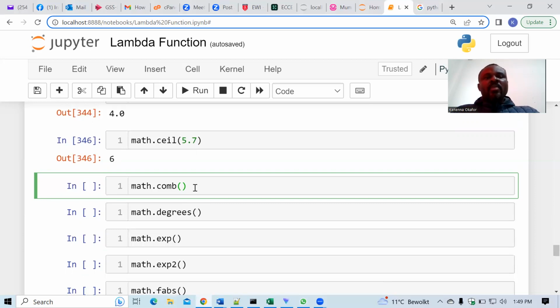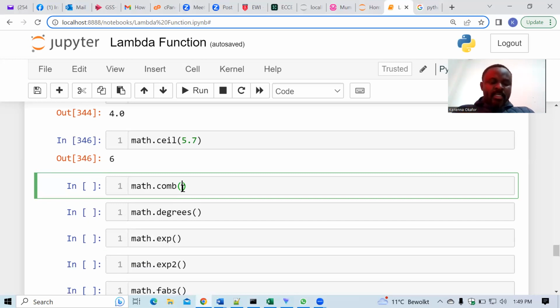In how many ways can I pick k items without repetition, and without ordering? So there's no order to it, and there is also no repetition. Guys, remember maths class and permutations and combinations. So we can do that using the comb. We can do combinations using the comb method of the math module.